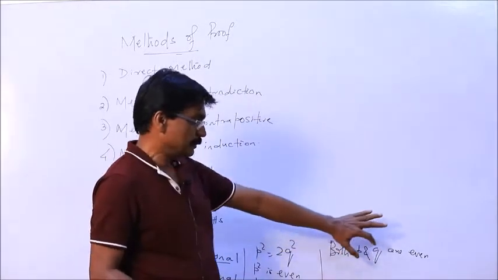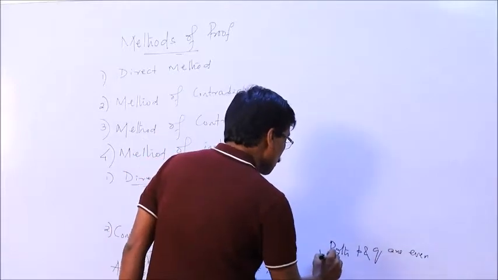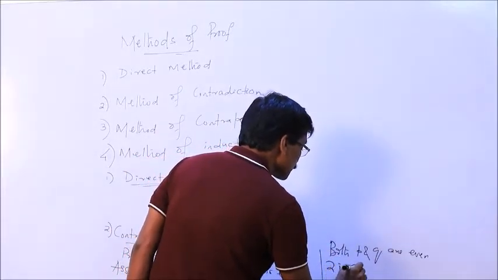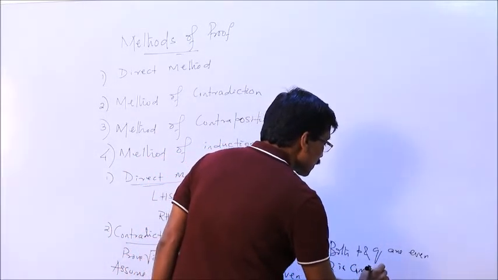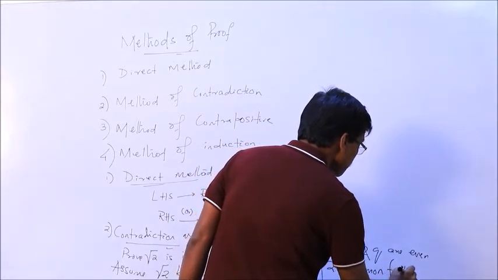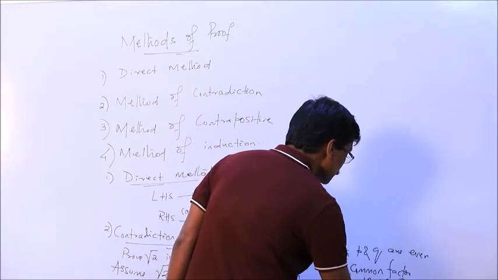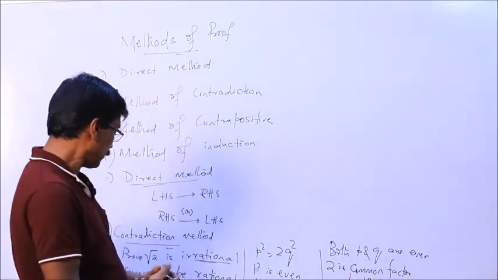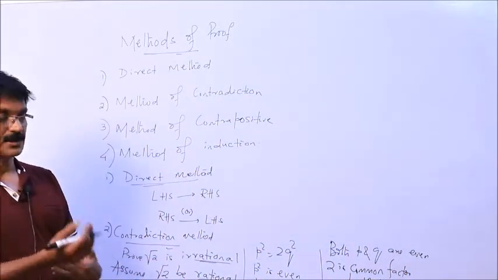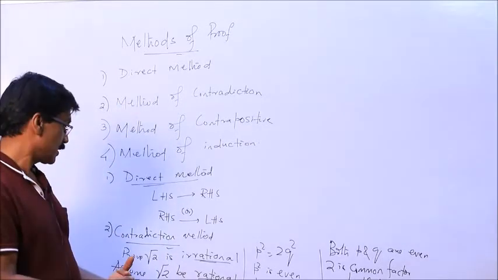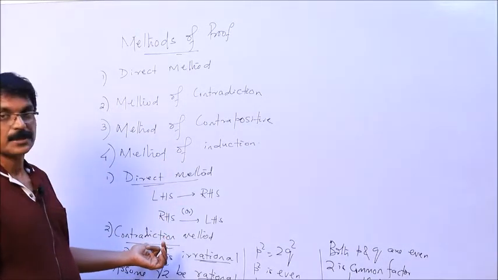But p and q are even means 2 is a common factor between p and q. So whatever we assume, we contradict our assumption. That is called the contradiction method.